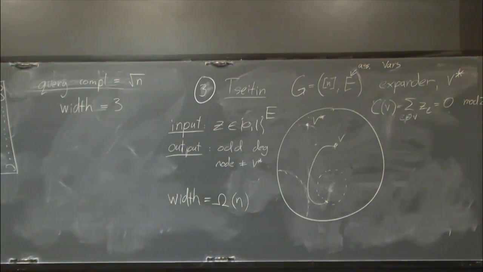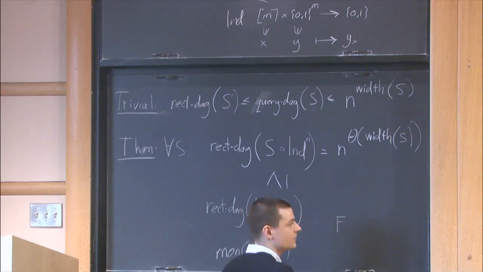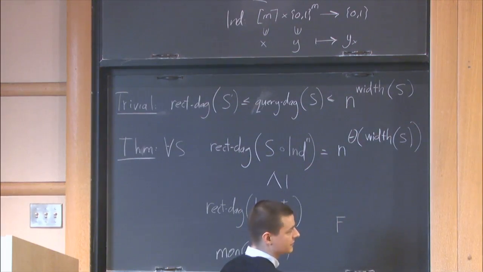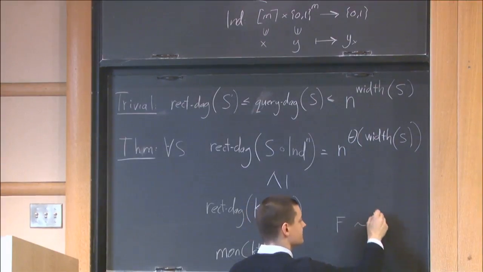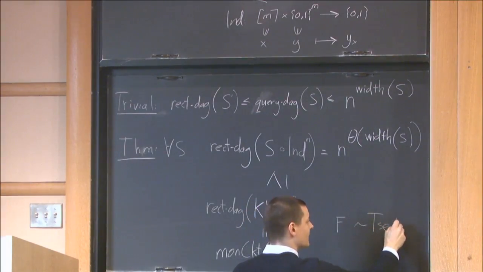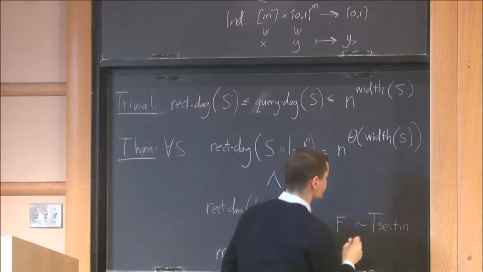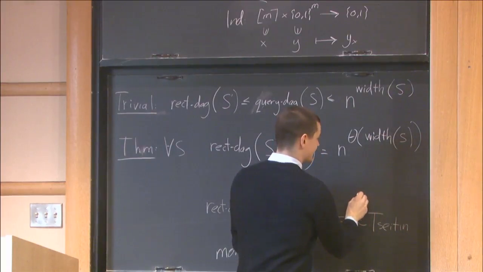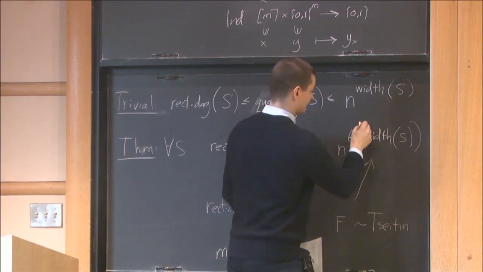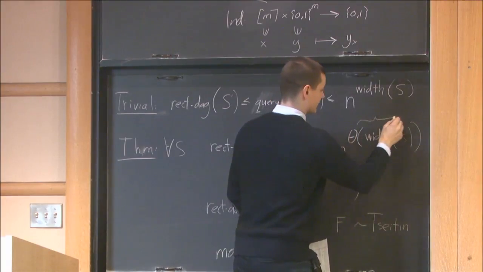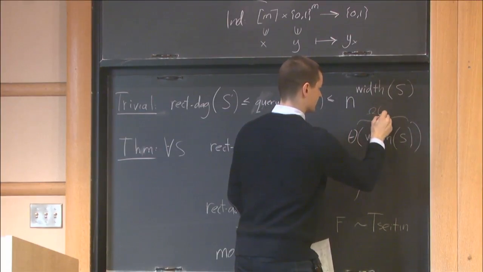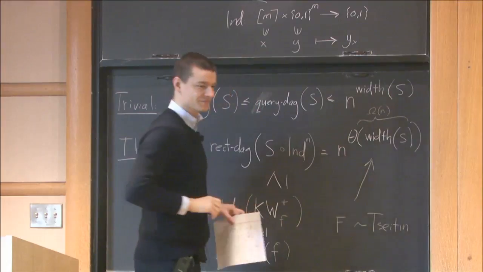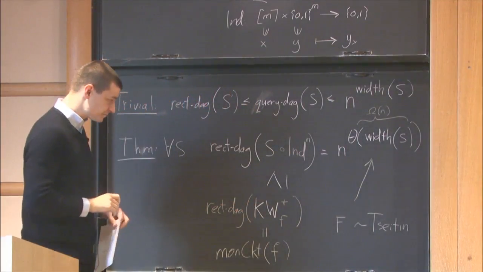So far in my strategy, I sketched why if you started with this unsatisfiable formula, this Tseitin formula, you can plug it in here, and this is a large lower bound.